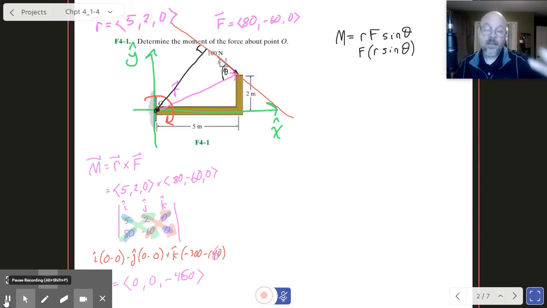But there might be some other case where the shortest distance to the line of action, or the perpendicular distance to the line of action, that might be easy to identify. And if it is, we can just use it. We would just say this is going to be 100 times whatever that happens to be. Okay. And then we're going to have our answer. It's just that in this particular case, that's a little bit yucky. So it's not a great way to go.